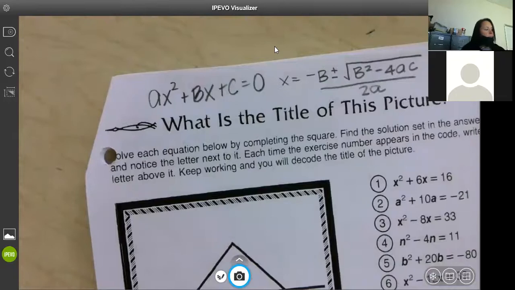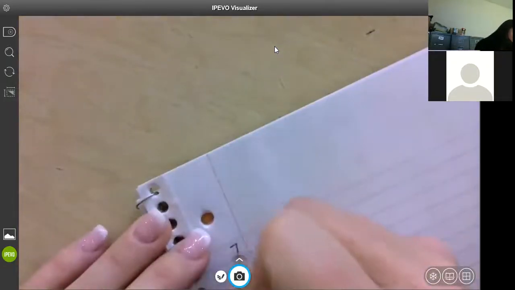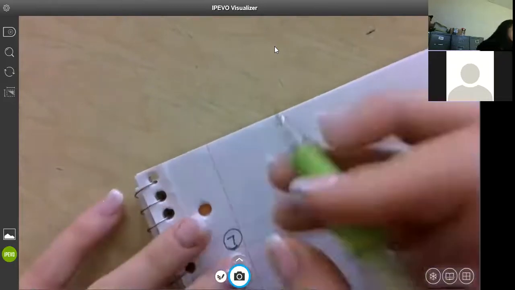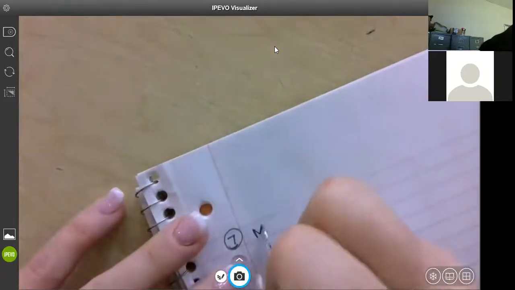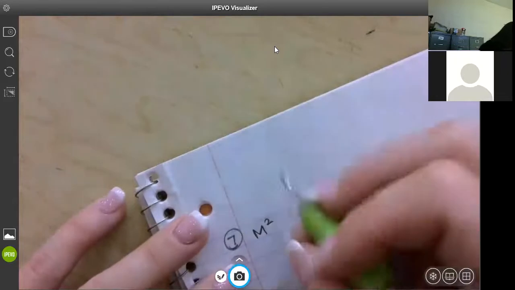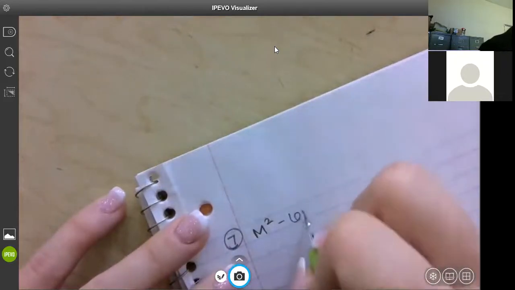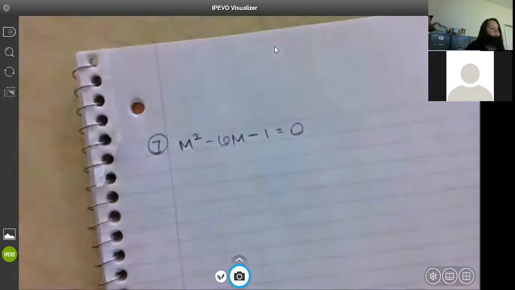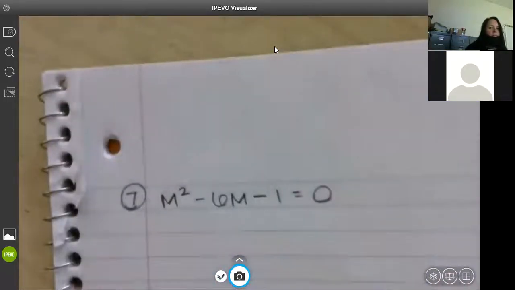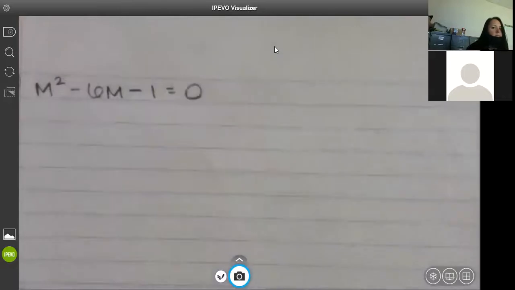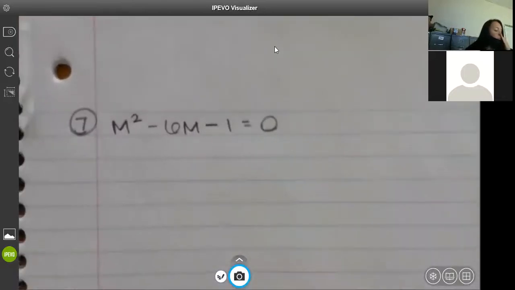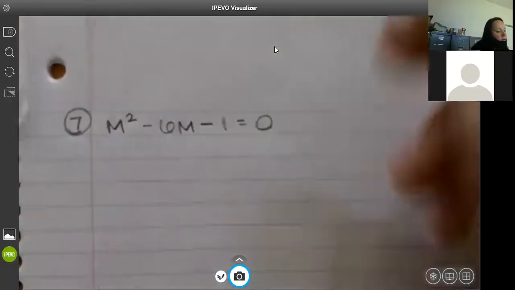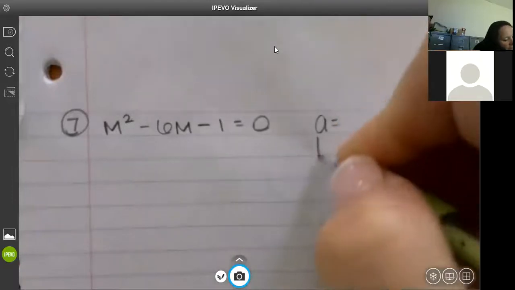All right, so number 7. M squared minus 6m minus 1 equals 0. This is what we have. I'm going to list out what A, B, and C is.